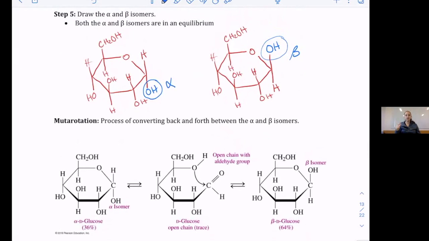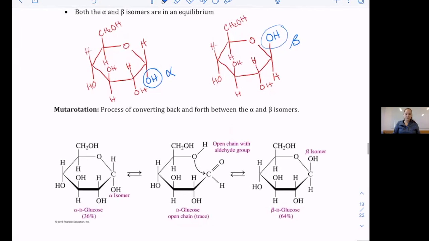So all we're doing is, when we make that ring, there's a choice whether the carbonyl carbon goes up or down. If it goes down, it's alpha. If it goes up, it's beta. There's also an equilibrium in between these. So that bond that we just formed to make the ring is pretty weak.